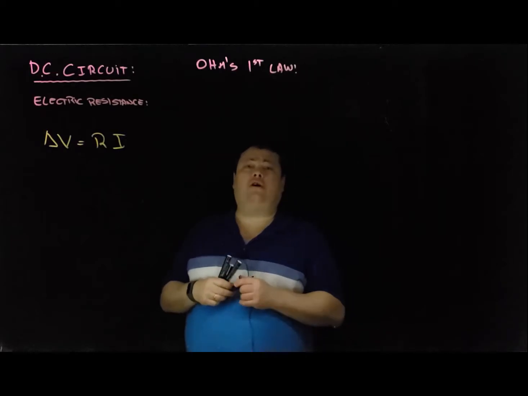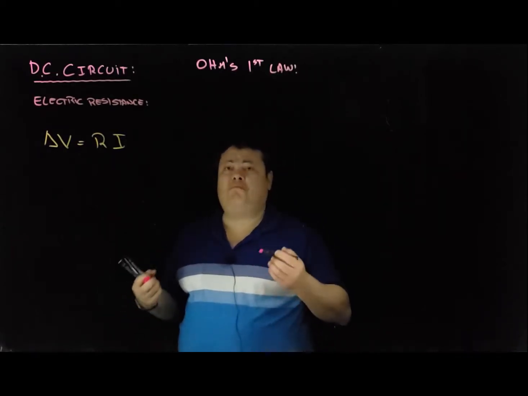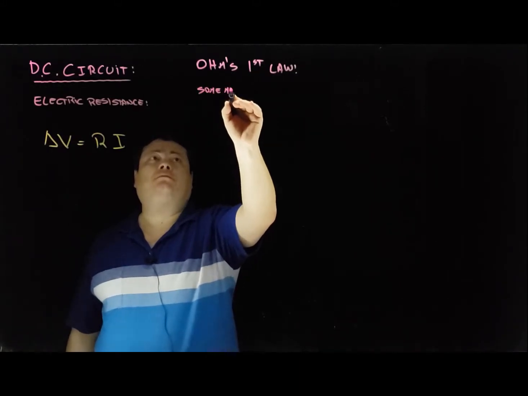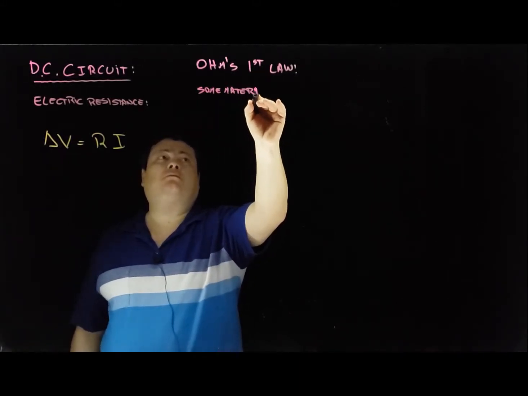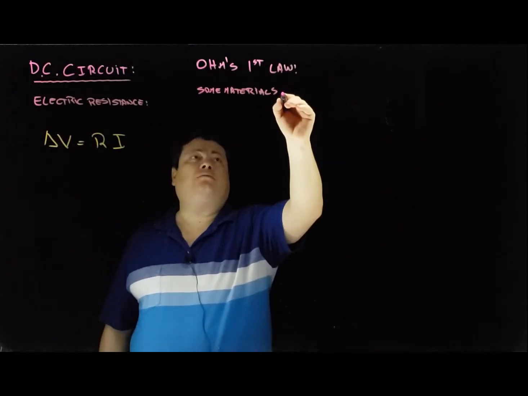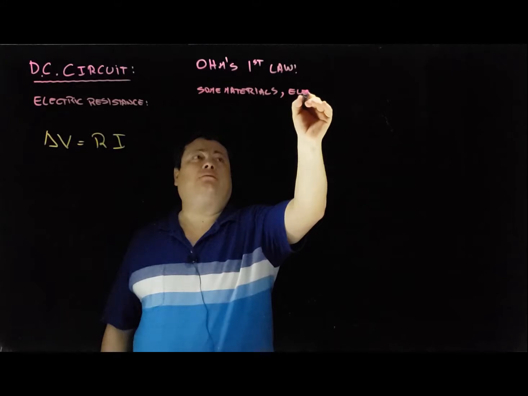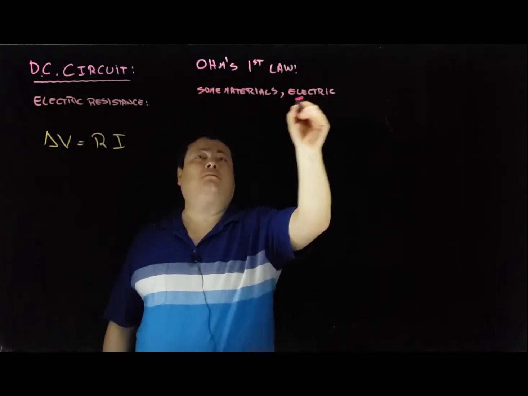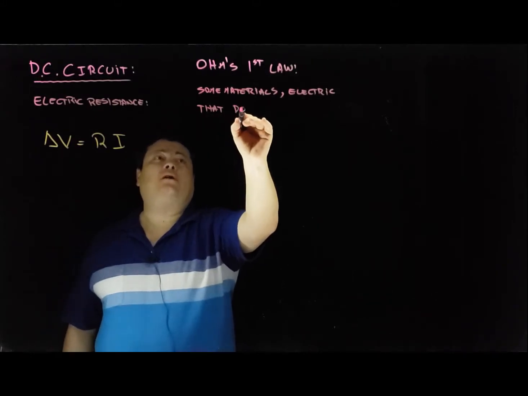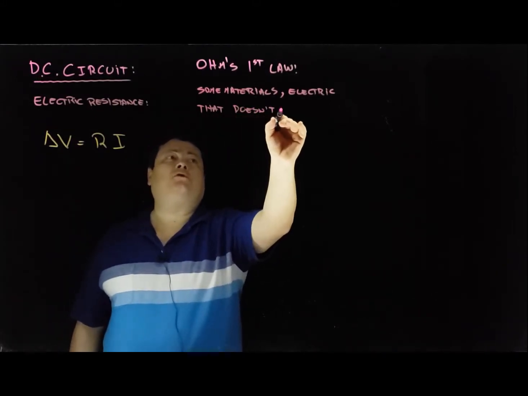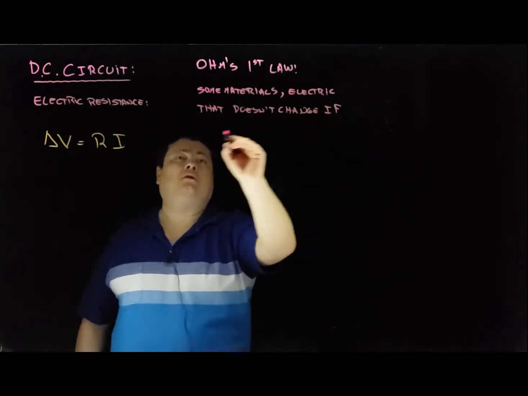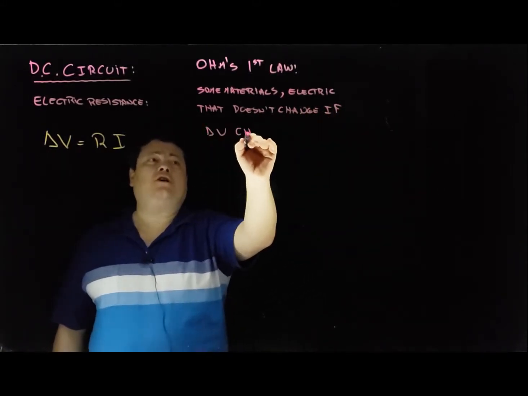So what Ohm's first law states is basically that some materials will have an electric resistance that does not change if voltage changes.